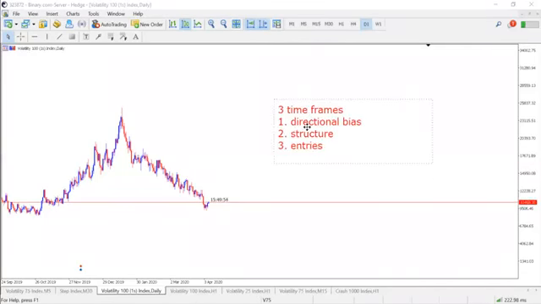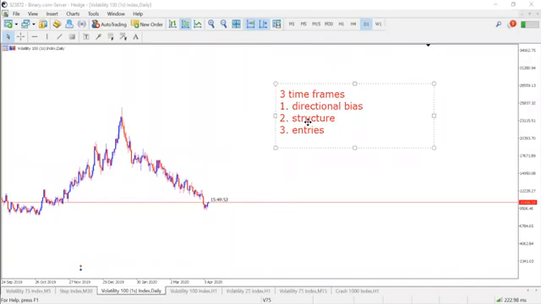But it doesn't always mean that if ever you can have the directional bias, structure and entries, you're gonna be profitable. It just gives you a simple way of reading the market, right?